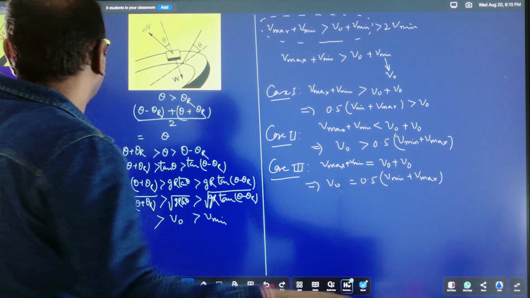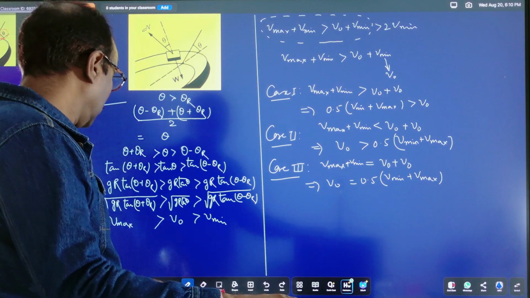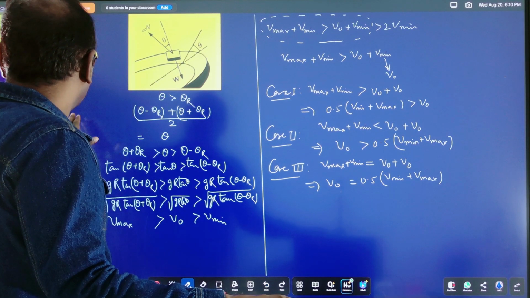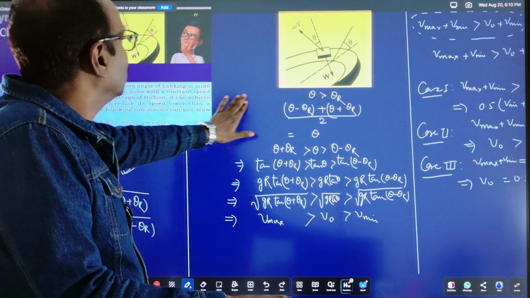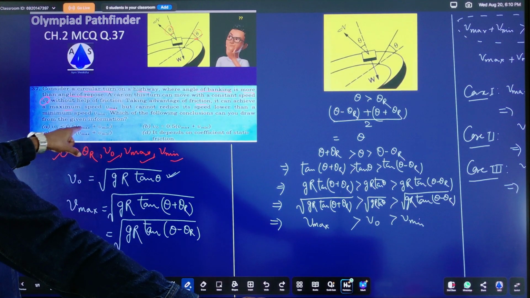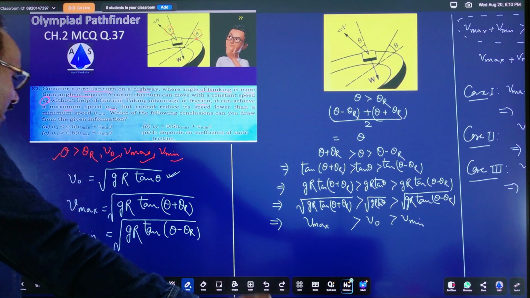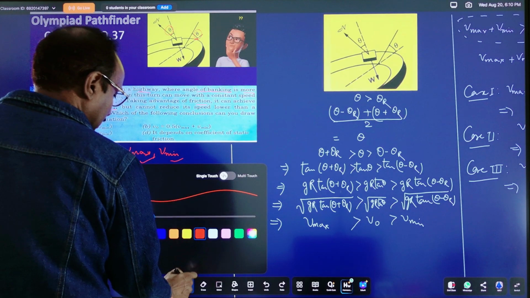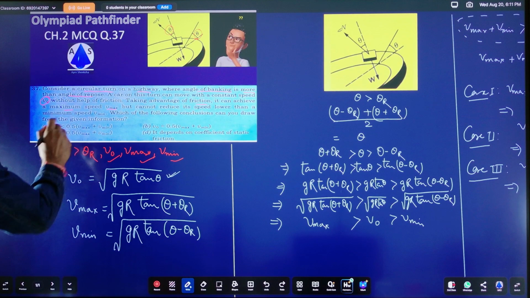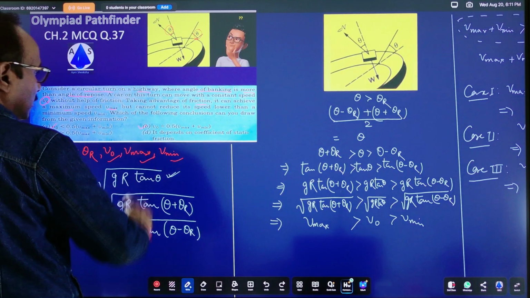So now we can go and check the conclusion in the question. The question has V naught less than 0.5 times V max plus V minimum. It is having this also, it is having this also.